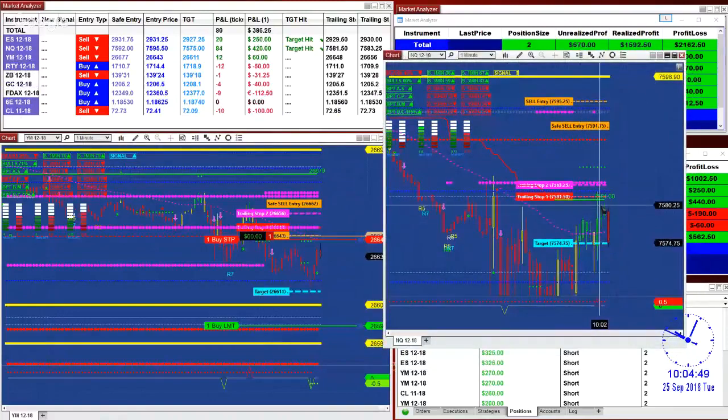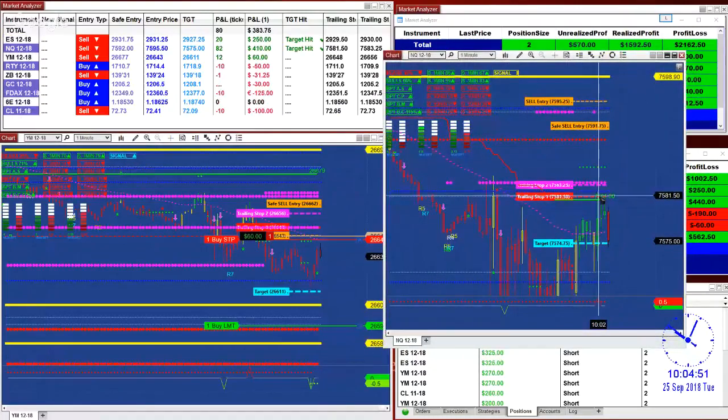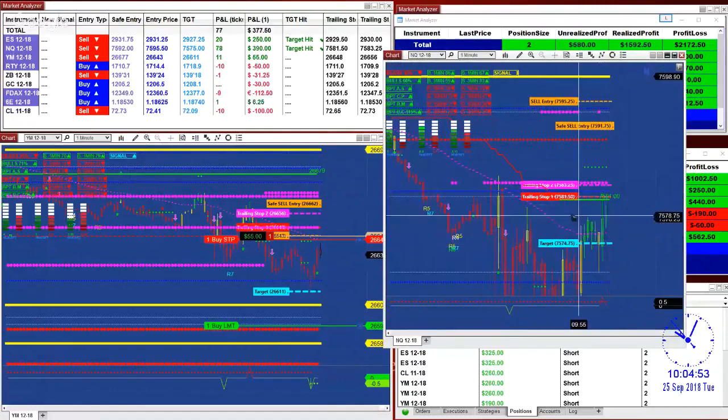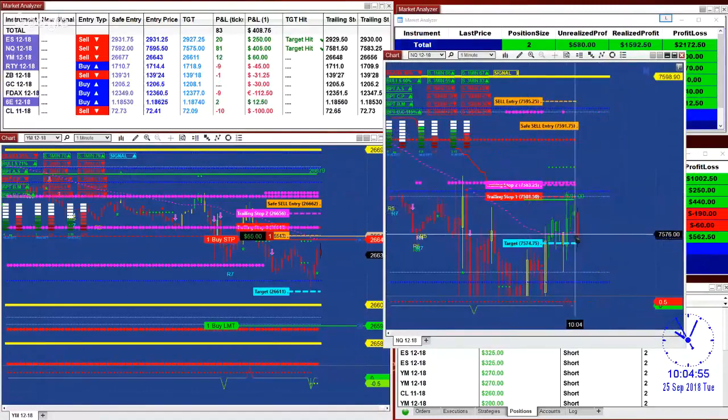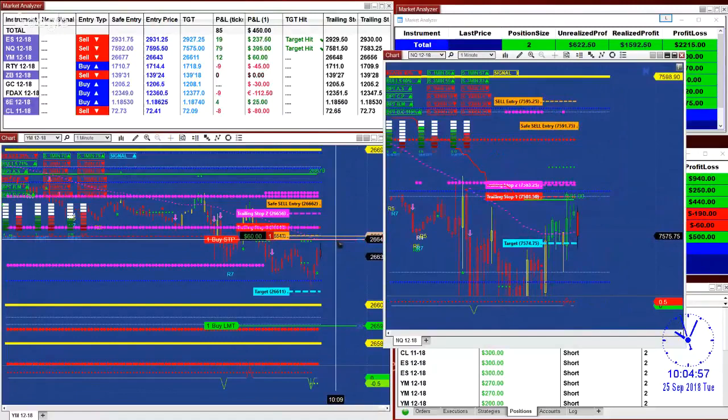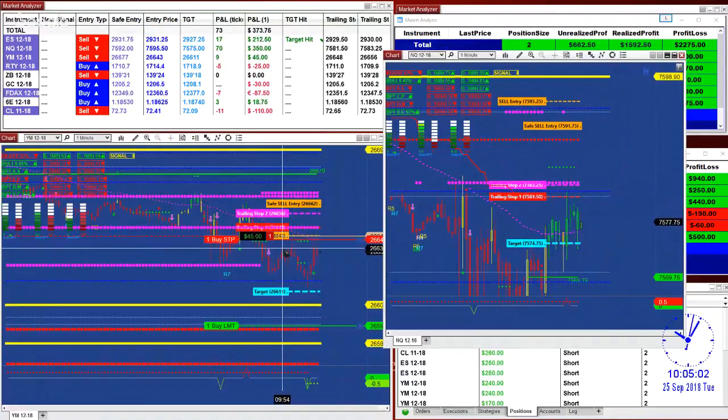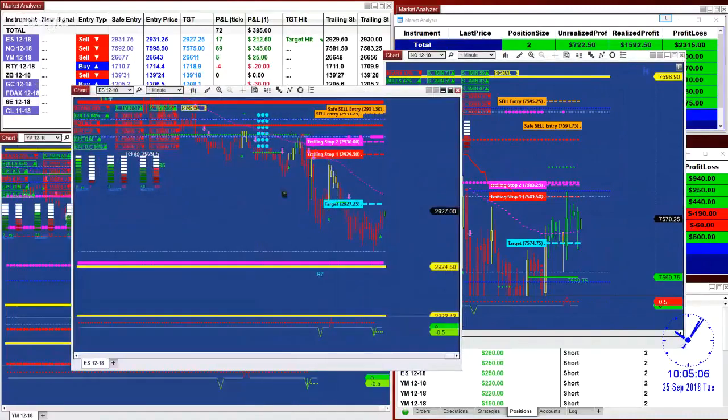You see how this market came in exactly to the true average price, and it just jumped and kicked back. If you notice what I have done to the trailing stop, they are all connected in a way, you know.